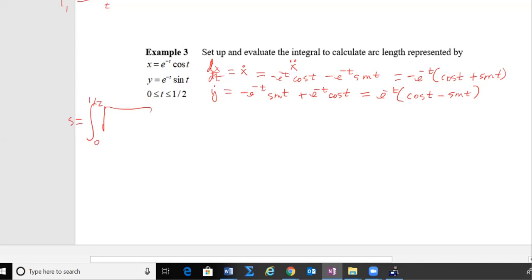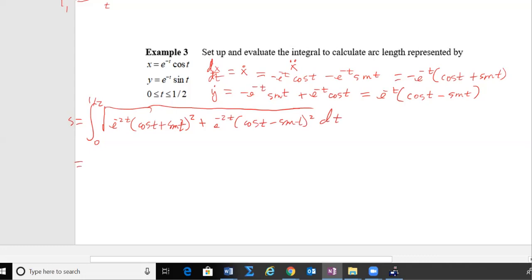So dx dt squared, which is going to be e to the minus 2t times cosine t plus sine t, squared, and then plus the square of this other derivative, dy dt: e to the minus 2t times cosine t minus sine t, squared, dt.